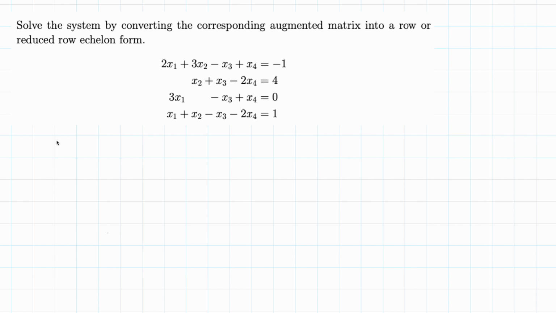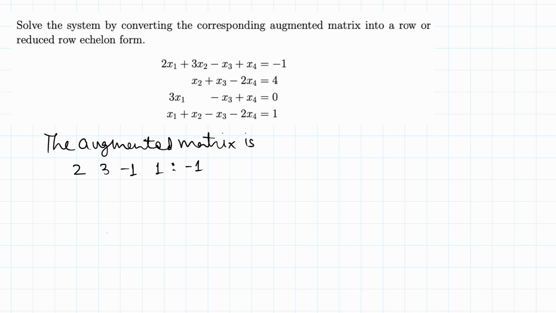So let me write down here the augmented matrix. It is 2, 3, minus 1, 1, and I want to separate the constants. This colon is not needed.